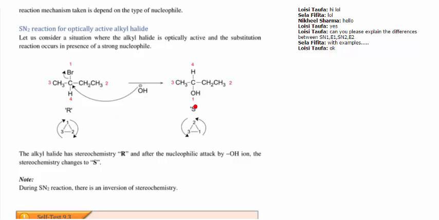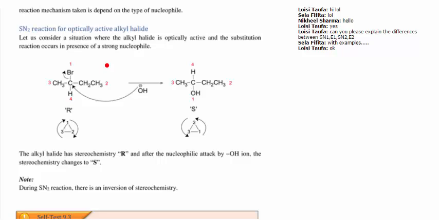So it changes from R to S. Now when you number these substituents according to their electronegativity, oxygen is more electronegative than any of the other substituents, so this gets 1. Next is carbon, which is attached to another carbon, so it is more electronegative than these two, and that gets 2. The methyl group is more electronegative than the hydrogen, so this gets 3, and the last one is 4.